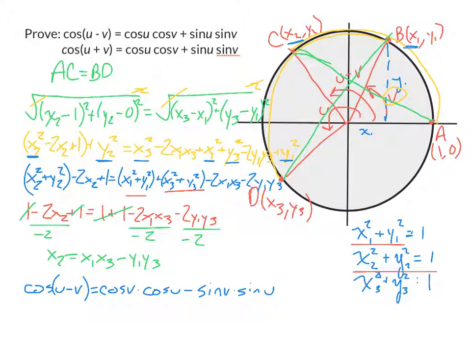We know that u plus v is the same as u minus negative v, and so I'm going to plug that information in. So cosine of u minus v, I'm going to turn into cosine of u minus negative v. And all that means is I'm going to replace all of my v's with a negative v.